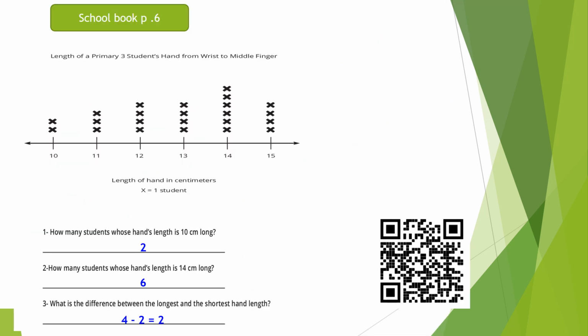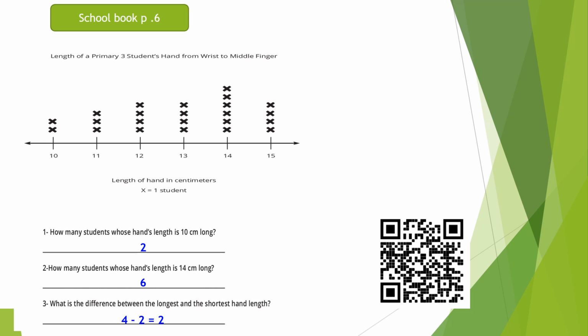We have here an example of a line plot. The length of a primary 3 student's hand from the wrist to the middle finger. Here we put numbers on our number line. These numbers refer to what?